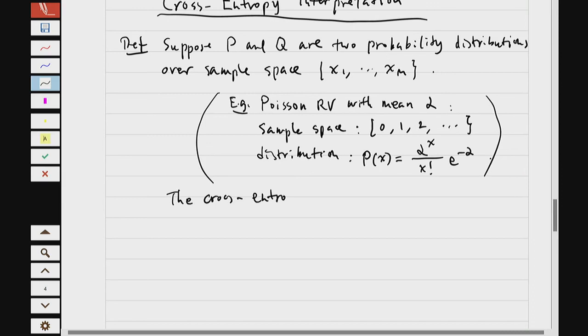Cross entropy between P and Q basically you can think of it as a measurement of distance.